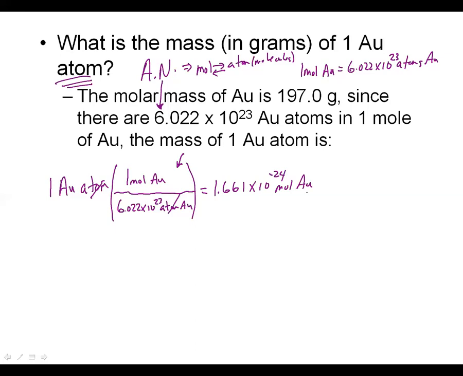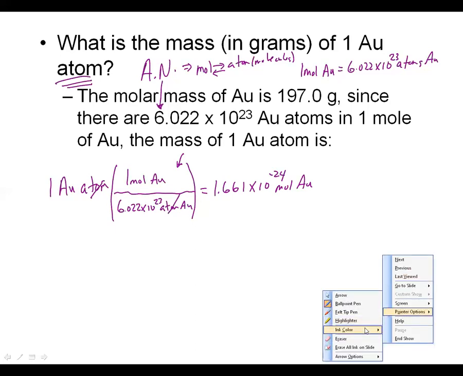But in this case, we're not really looking for moles, but we are looking for grams. So this is a case where we do have to not only use Avogadro's number here, but we also then need to go from moles to grams. So that conversion is what we've been doing on the last couple of problems and what we talked about before.